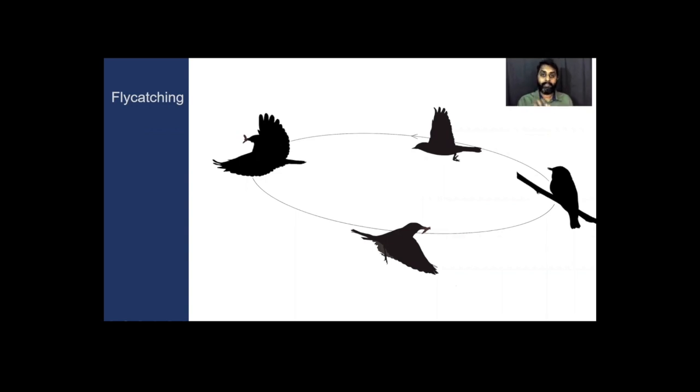Here, some birds sit on a branch and look for flying insects. When they see a flying insect, they take off from the branch where they are sitting, go catch the insect, and come back to the same branch to feed on the insect. This kind of behavior is called fly catching.